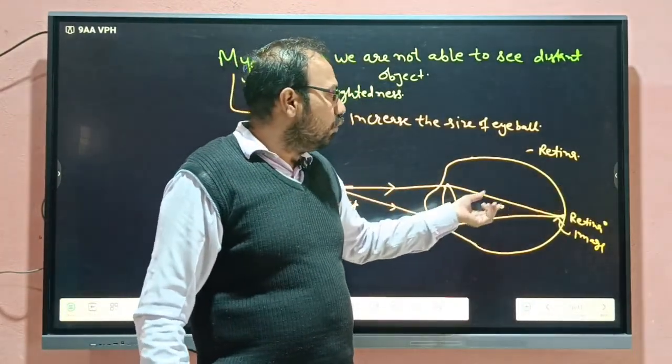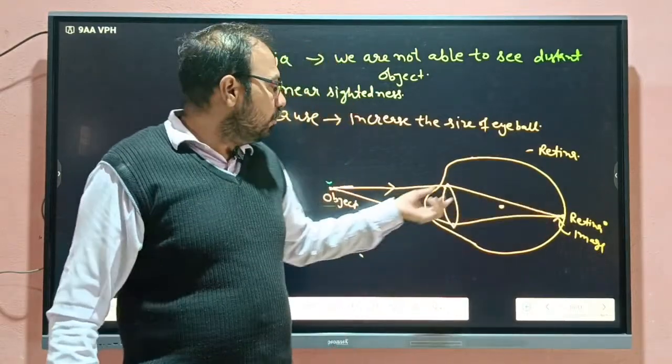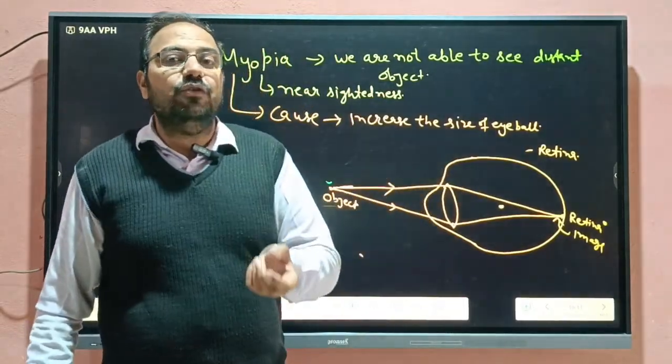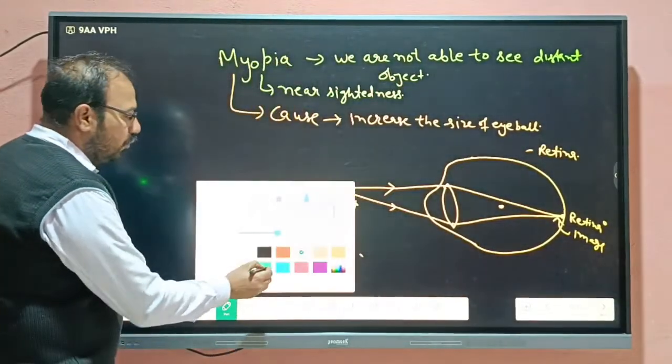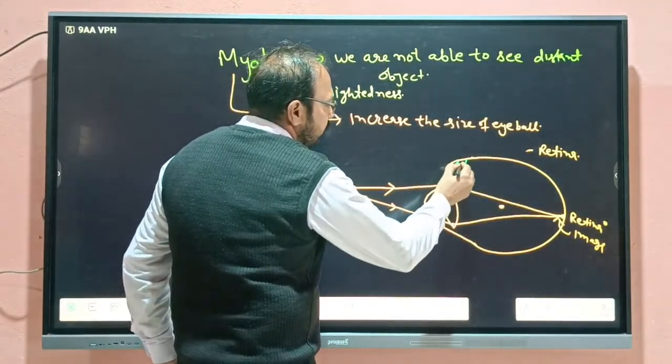So this is the cause of the eye defect. It is due to damage of the ciliary muscles. Here the ciliary muscles are damaged, so the image is not formed properly.